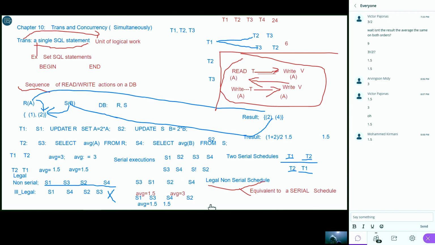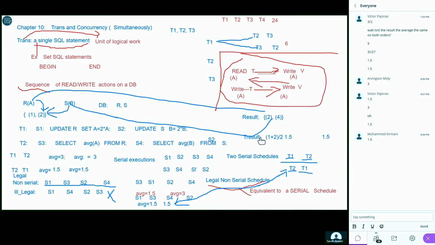Now, what did we notice here, by the way? Here is a non-serial schedule, but its answer is equivalent to a serial schedule, which is T2, T1. Are these exactly the same, the answer here and the answer here?